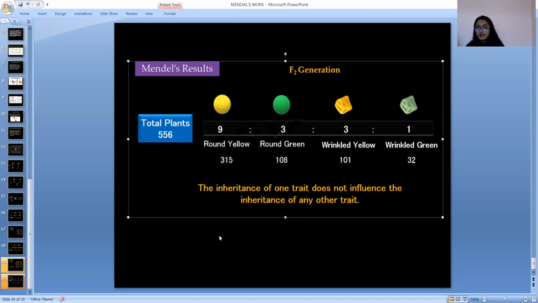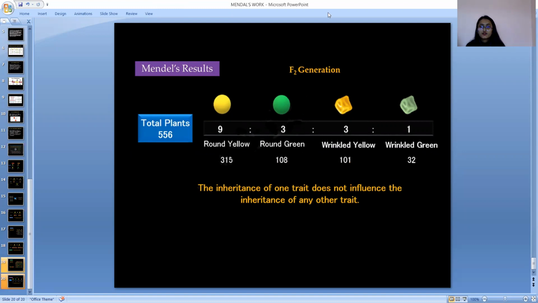The inheritance of one trait doesn't influence the inheritance of another trait. This is the crux, or we can say the summary of independent assortment, that the inheritance of one trait doesn't influence the inheritance of other trait. Okay, so this is the meaning of law of independent assortment.